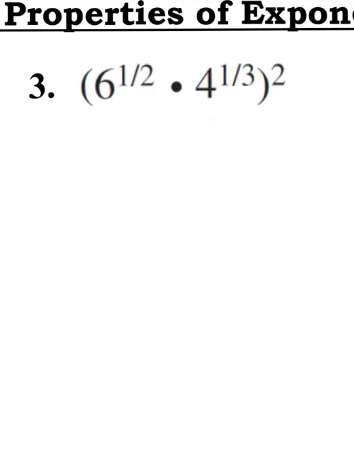Okay, so with example 3, I have different exponents, so I'm not going to multiply the 6 times 4. What I'm going to do is write this as 6 to the 1/2 times 2, times 4 to the 1/3 times 2.